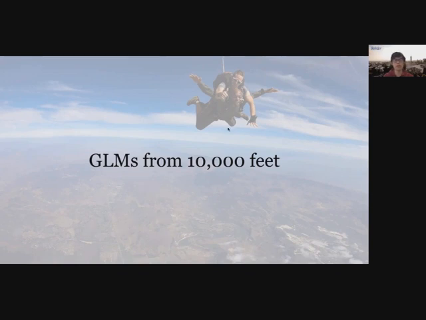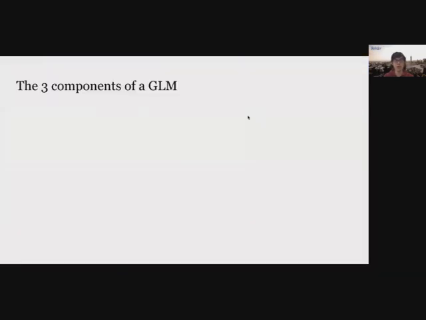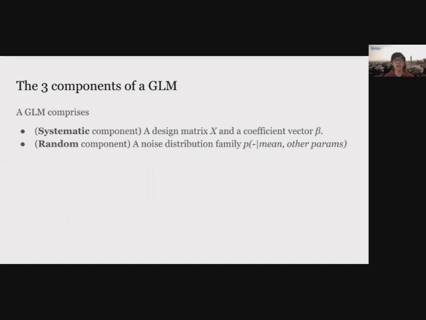Okay, so let's recap a little bit of what we learned from the last lecture. A GLM has 3 components. It has a systematic component comprising the design matrix X that contains all the data, and our vector of coefficients beta, which gives you the weights attached to every feature. And then there's a random component, which is the noise distribution family, or in other words, the family that governs how the response labels Y vary depending on what the Xi and beta values are.